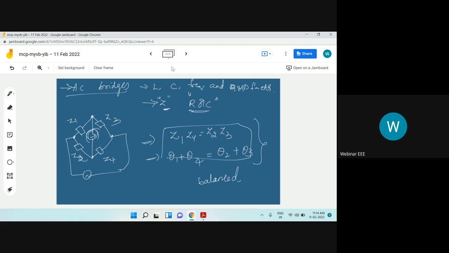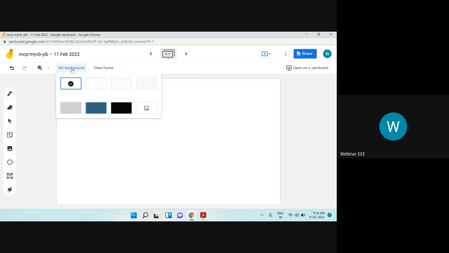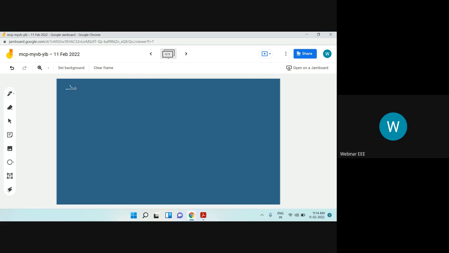First we'll learn about the measurement of inductance. AC bridges are meant to measure inductance and capacitance. There are five different bridges used for measurement of inductance.